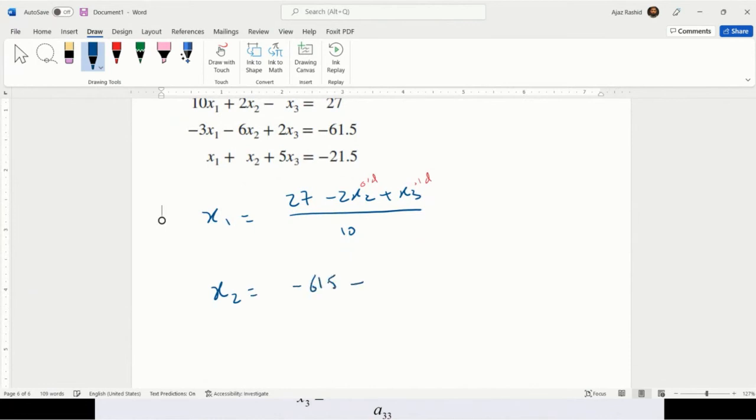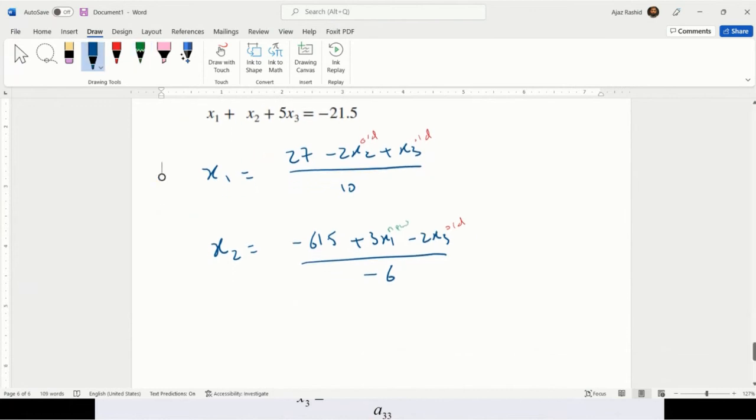x2 is minus 61.5 plus 3x1 minus 2x3. The difference is that this is the old value, but this is the new value. And x3 is minus 21.5 minus x1 minus x2 divided by 5.